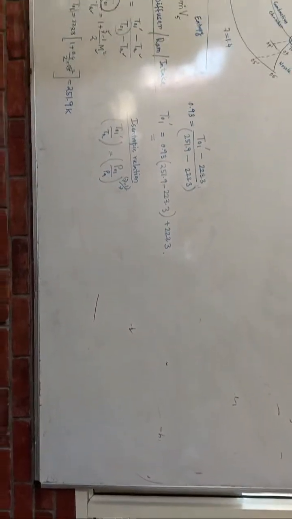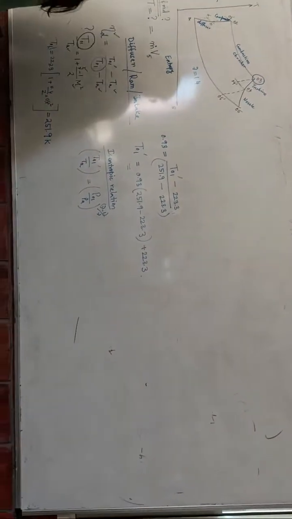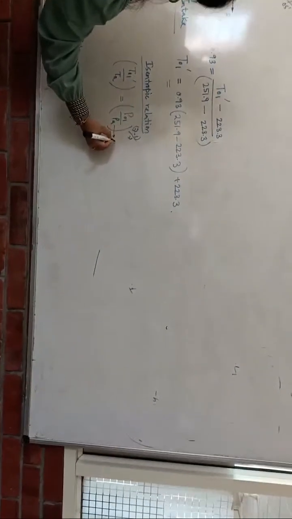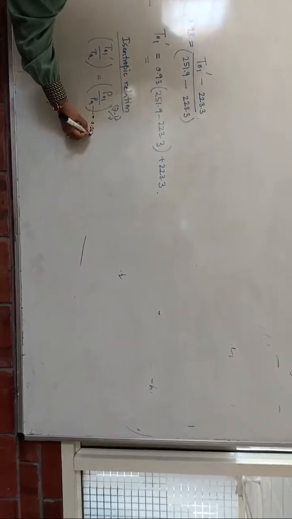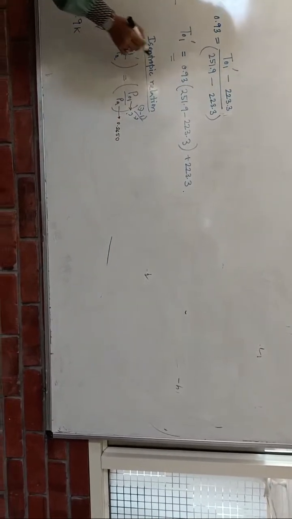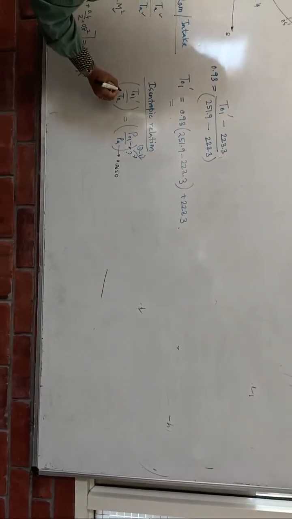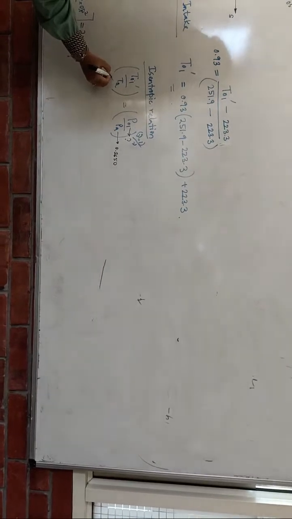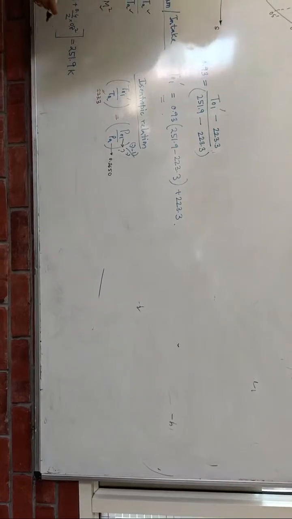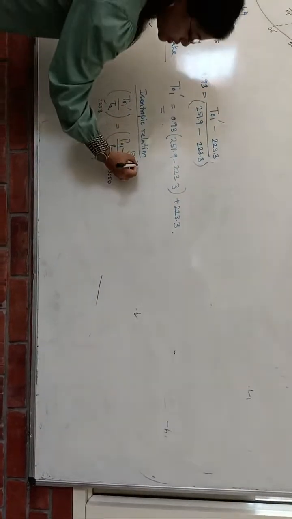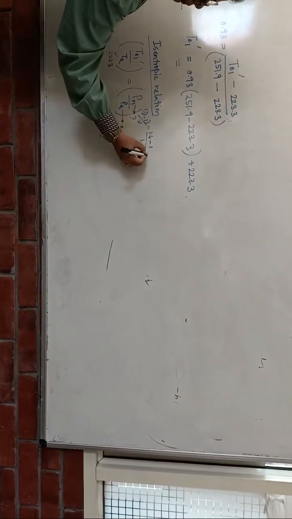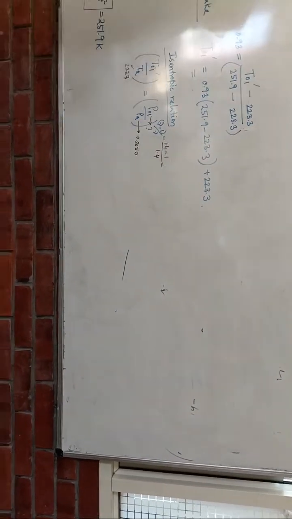The value of gamma is 1.4. PA's value is given in the problem, that is 0.2650. P01 is unknown. T01 you will get from here. TA is given, 223.3 Kelvin. Gamma is 1.4, so (1.4 minus 1) divided by 1.4.